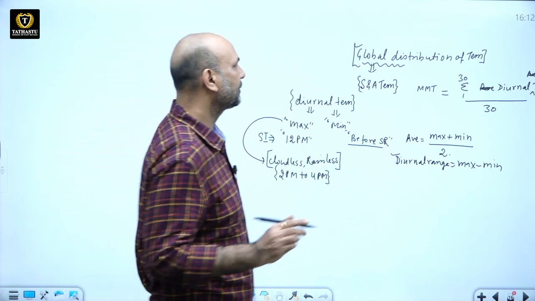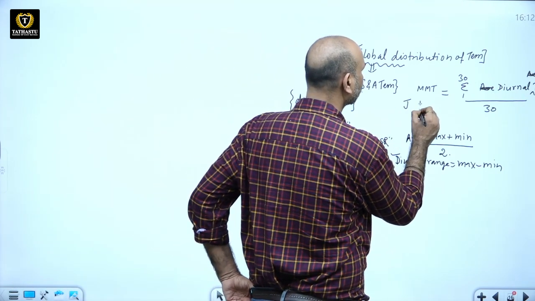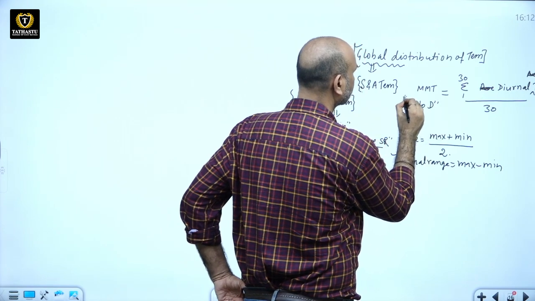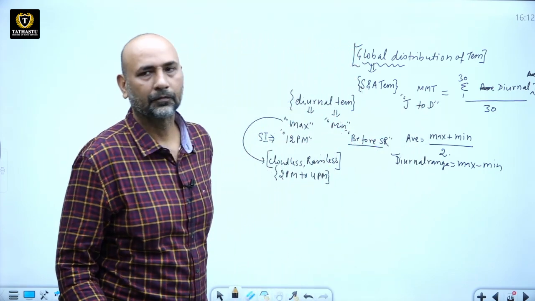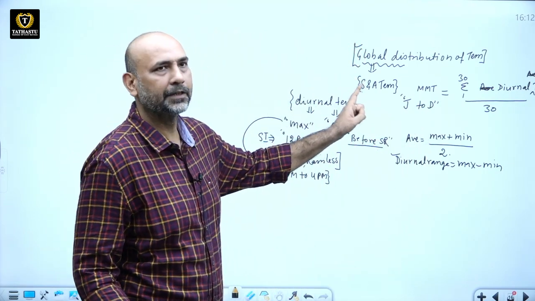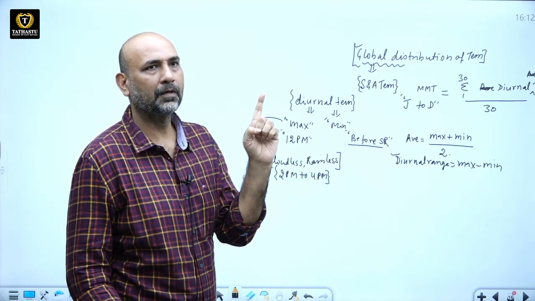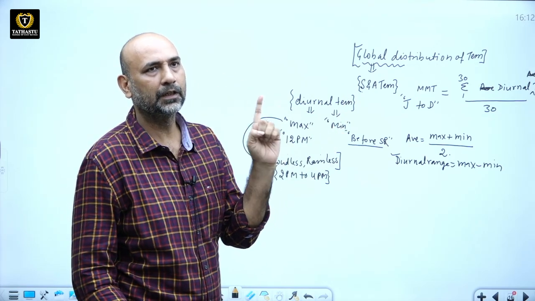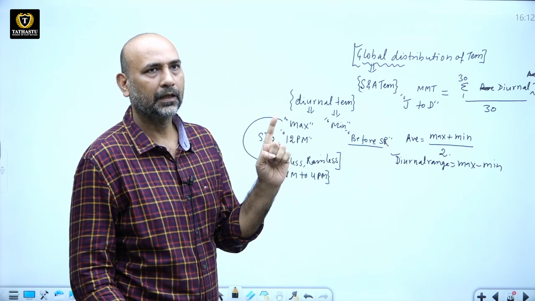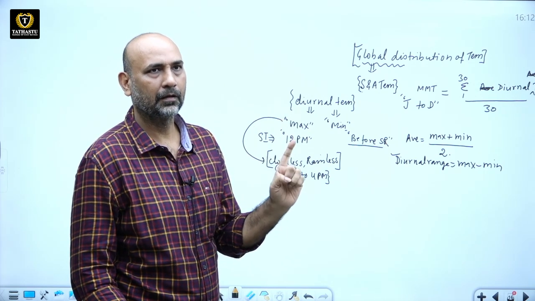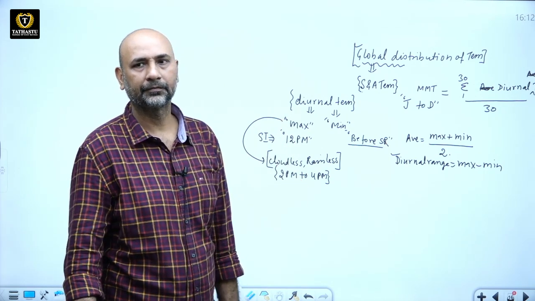So, mean monthly temperature we have from January to December. Remember that mean monthly temperature is calculated. Diurnal maximum and minimum are only recorded using thermometers by stations of meteorological departments.